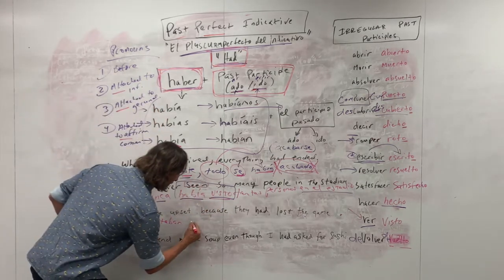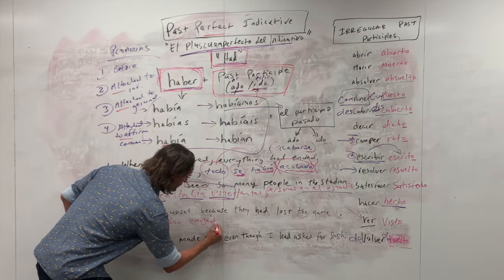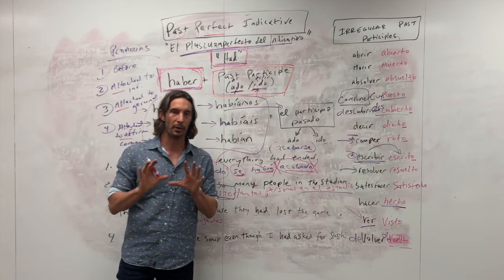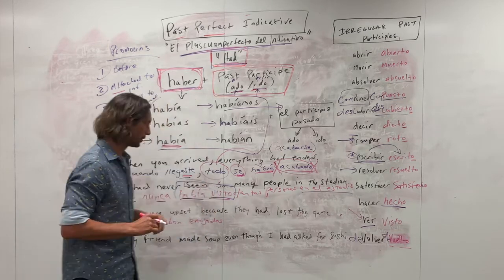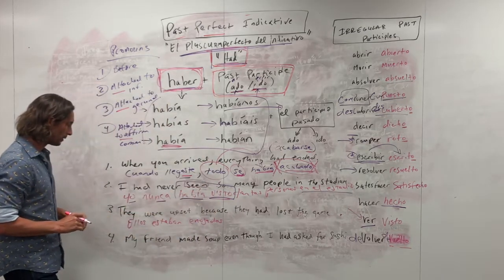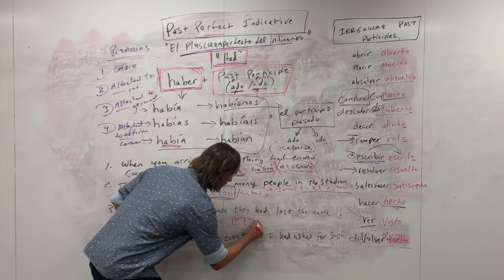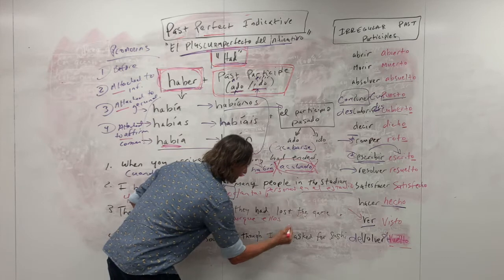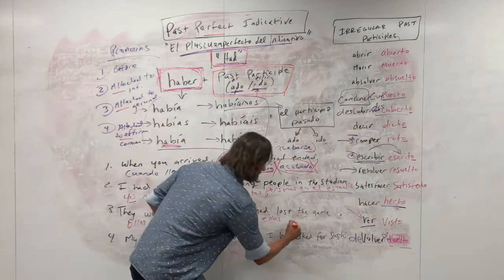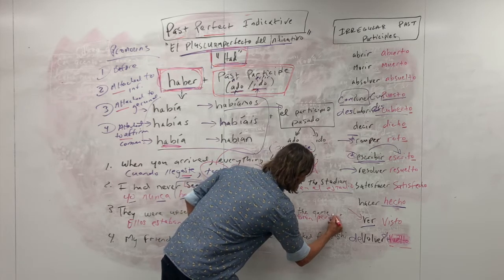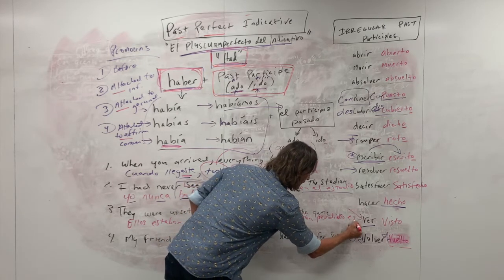So ellos estaban enojados. Some of you may have done enfadados, which is another way of saying upset. That's totally cool too. I opted for enojados. Ellos estaban enojados porque ellos, I'm just reiterating that, habían perdido el partido.